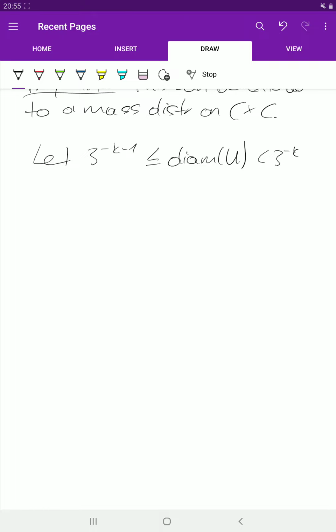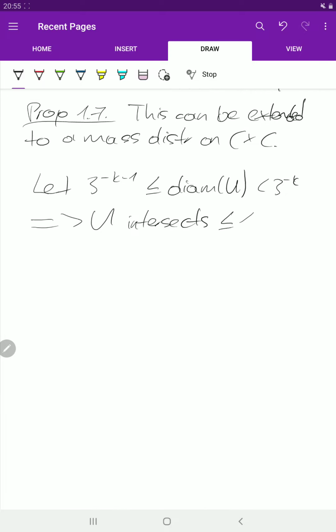So let's see. If we have this, then we know that U intersects at most one square.